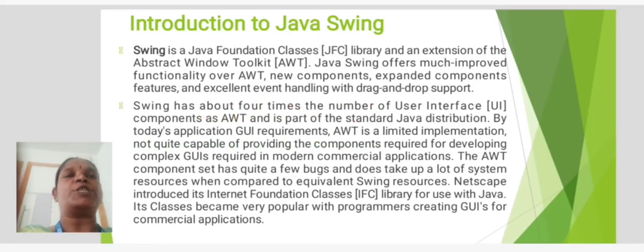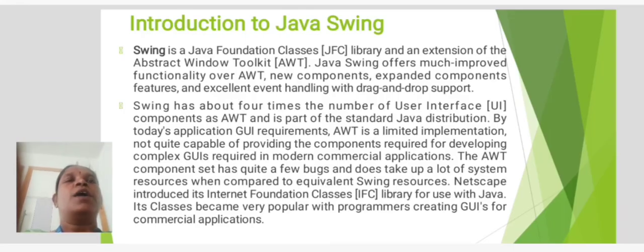Introduction to Java Swing. Swing is part of the Java Foundation Classes library and an extension of the Abstract Window Toolkit. Java Swing offers much improved functionality over the AWT. New components, expanded components, features and excellent event handling with drag and drop support.